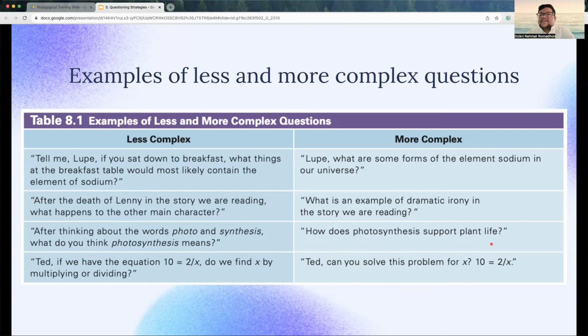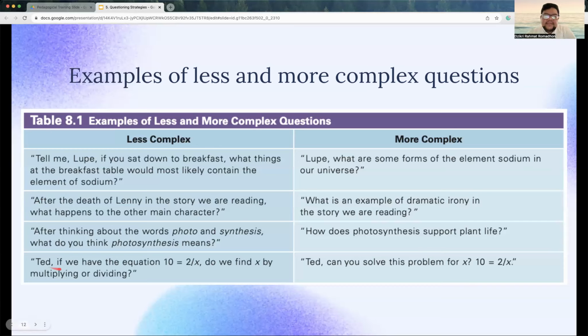What does a plant need to be alive, and which of those needs is being supported by photosynthesis? So this kind of question connects two concepts, and then they have to reason about how these two concepts are connected.